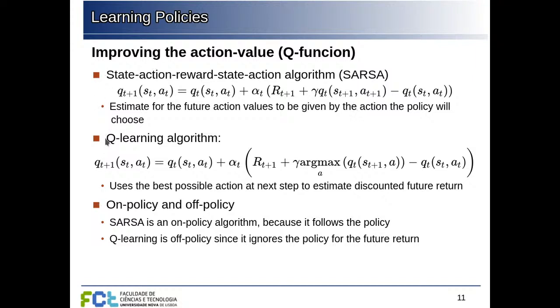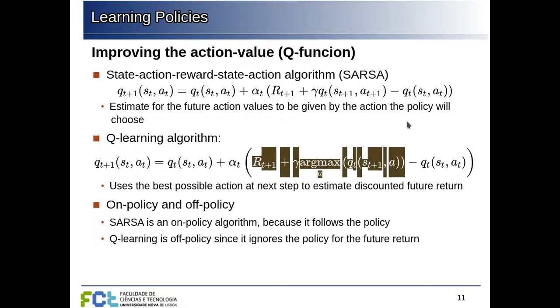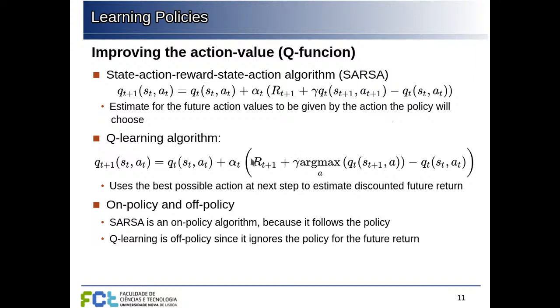An alternative is to use the Q-learning algorithm, which is similar, but now we are considering that the expected returns in the future are the optimal ones. So we get the reward by taking this action and this step, and then we consider the discounted value of the maximum that we can have by taking the best possible action in the next step.